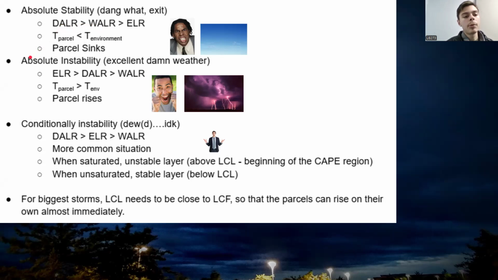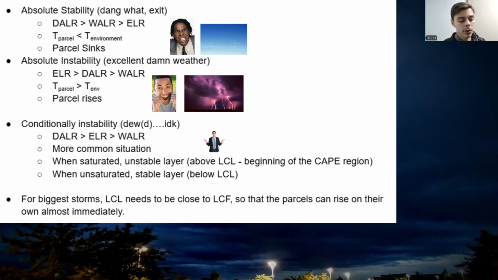So then absolute instability is if the order is EDW, excellent damn weather. That's what I say. Because if we have absolute instability, that's a situation where the parcel is going to rise, because if the rates that the parcel cools by are smaller than what the environment cools by, then the parcel cools slower.